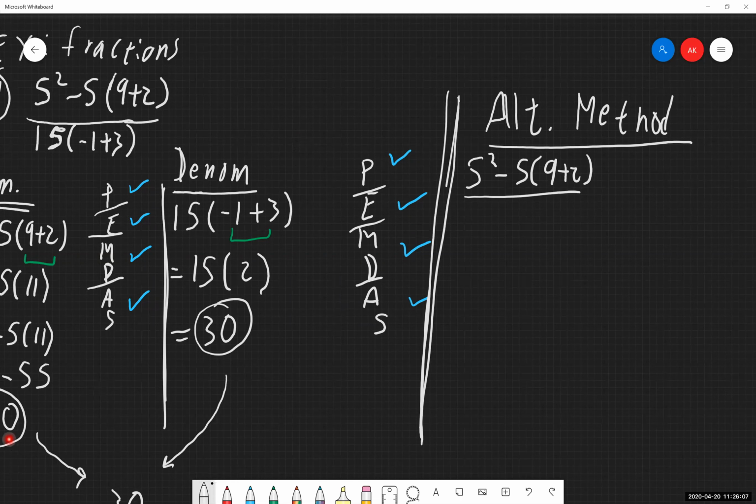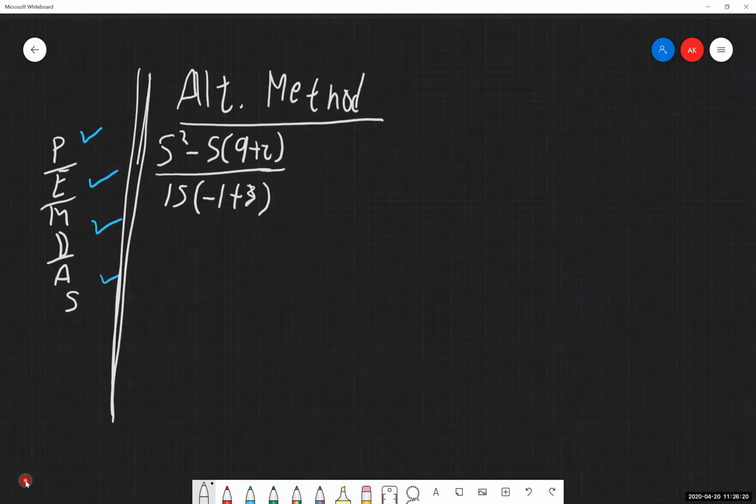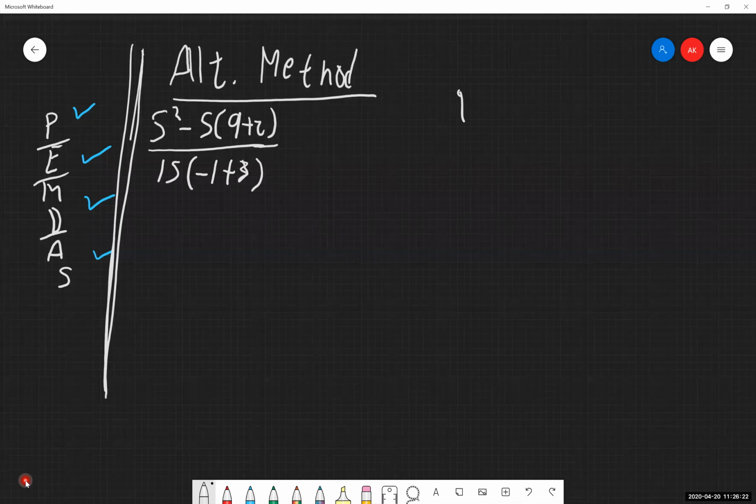Let's move this guy over here. And we're going to find that as we're going through this, we're actually going to be basically doing the steps that we just did, except keeping everything together instead of splitting it apart.